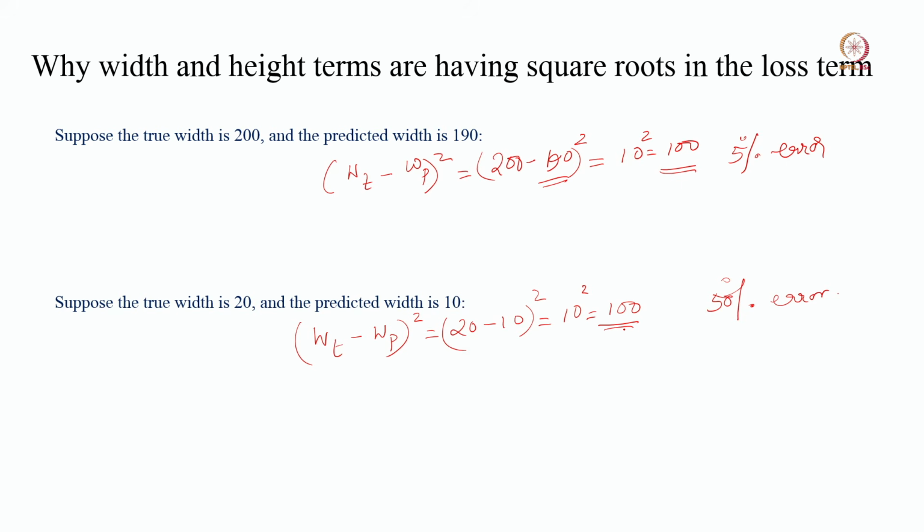If we take the square root, like square root of Wt minus square root of Wp whole square, what do I get?